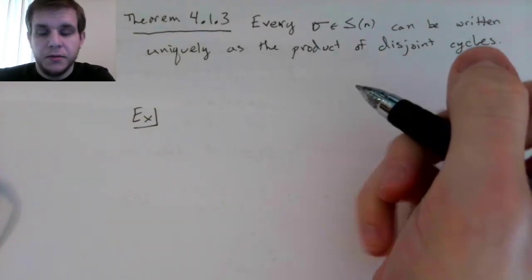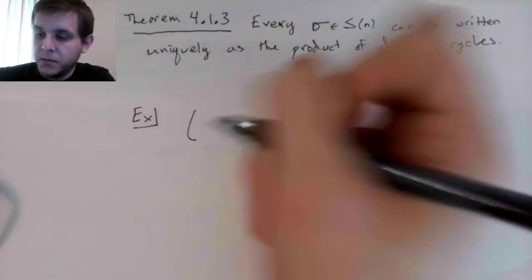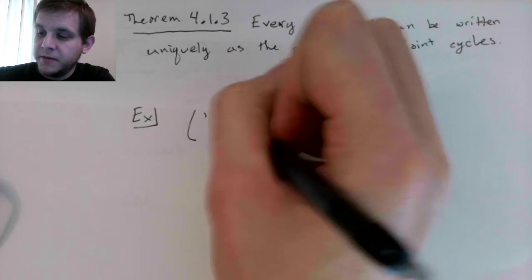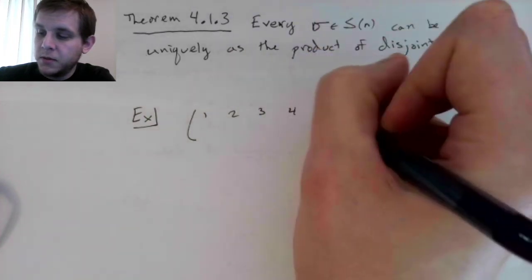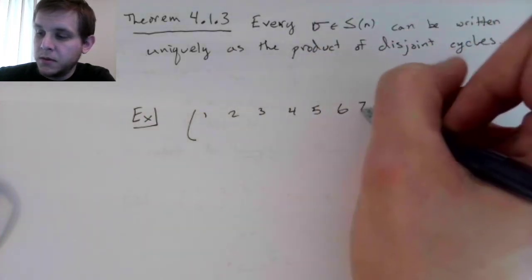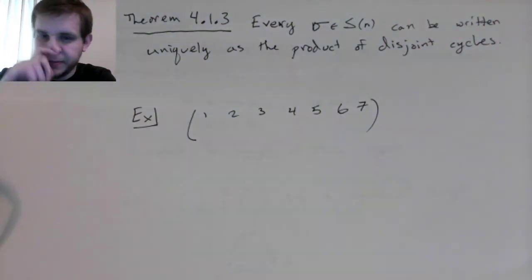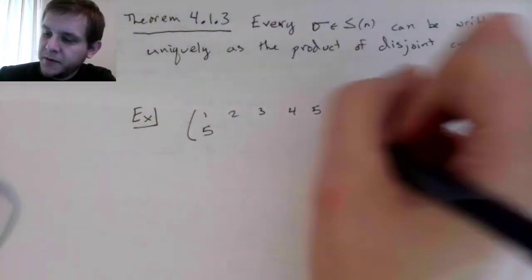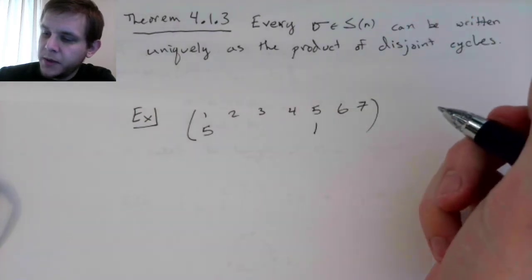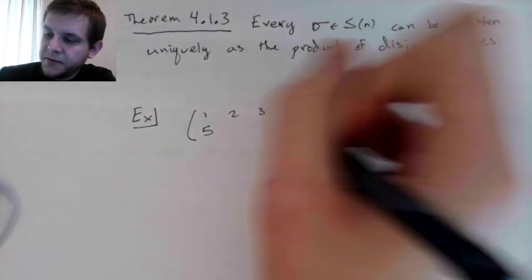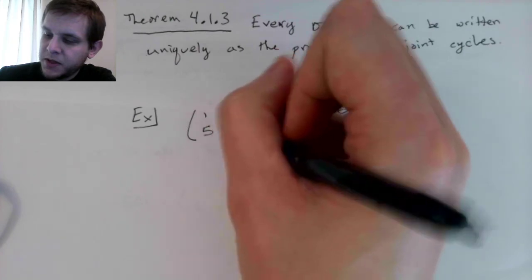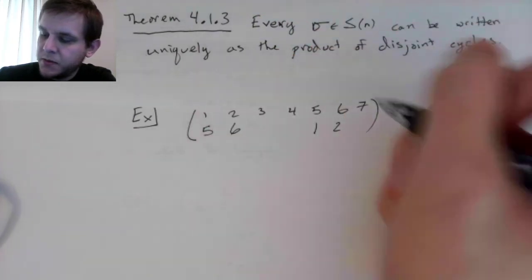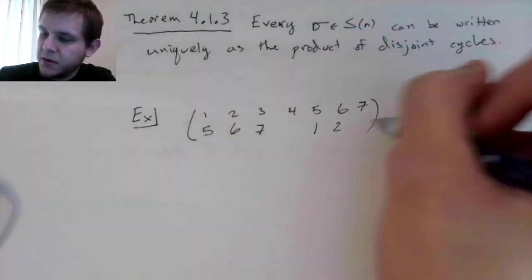So let's do an example. Let's do a permutation of 7 things. Let's have 1 go to 5 and 5 go to 1. Let's have 2 go to 6 and 6 go to 2. Let's have 3 go to 7, 7 go to 4, and 4 go to 3.